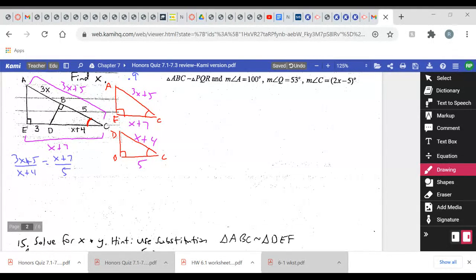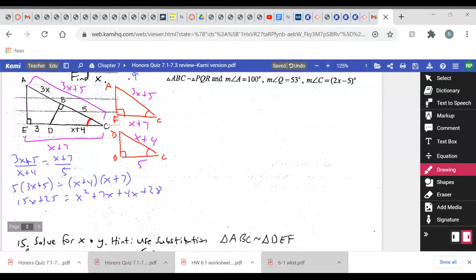Okay, now when I cross multiply, I've got 5 times 3x plus 5 equals x plus 4 times x plus 7. From there, I got my 15x plus 25 is equal to x squared plus 7x plus 4x plus 28.